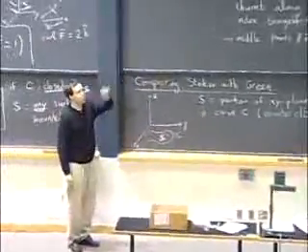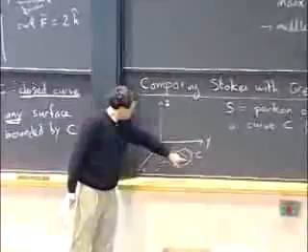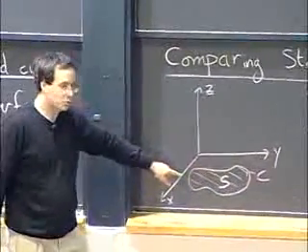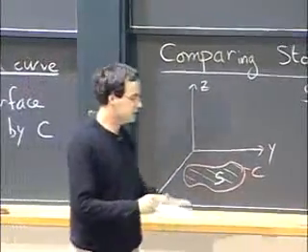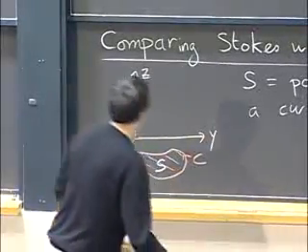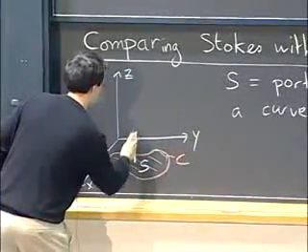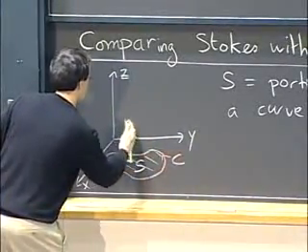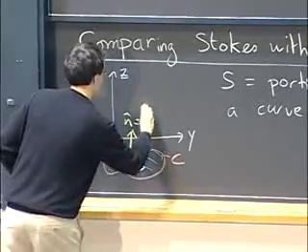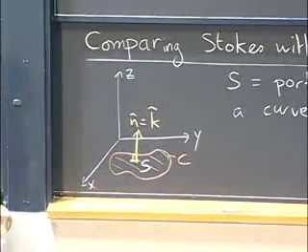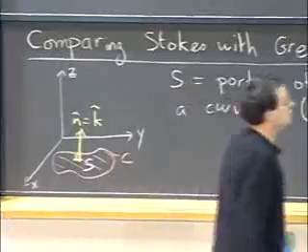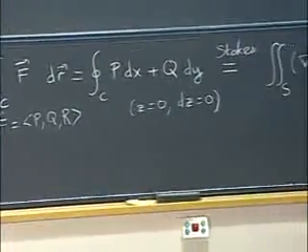Well, if you've followed what we've done there, you know that the normal vector compatible with this choice for the curve C is the one that points up. Okay, so my normal vector is just going to be k hat. So I'm going to replace my normal vector by k hat.